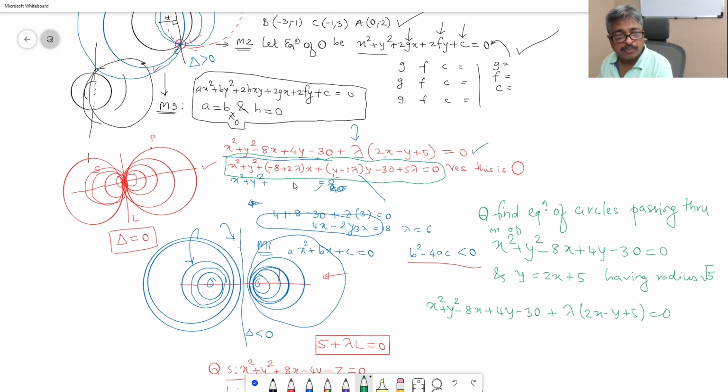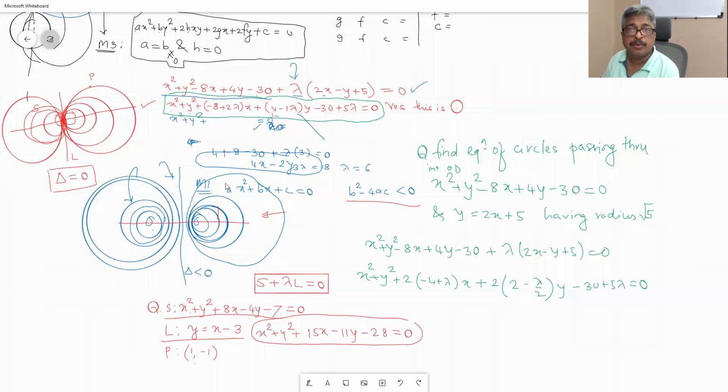So what is the coefficient of x? 2g. So let me write down x square plus y square plus 2 inside bracket minus 4 plus lambda x plus 2 inside bracket 2 minus lambda by 2 y minus 30 plus 5 lambda is equal to 0.